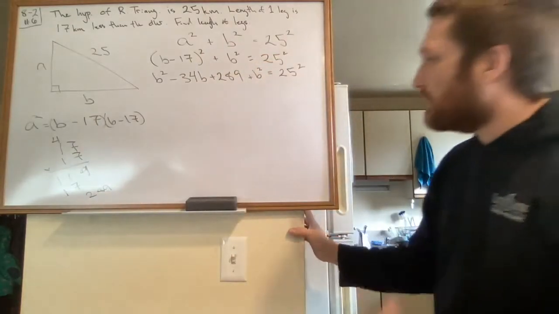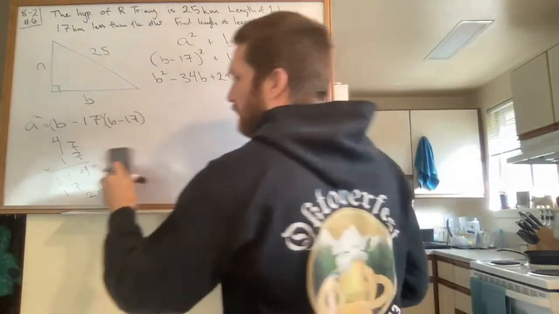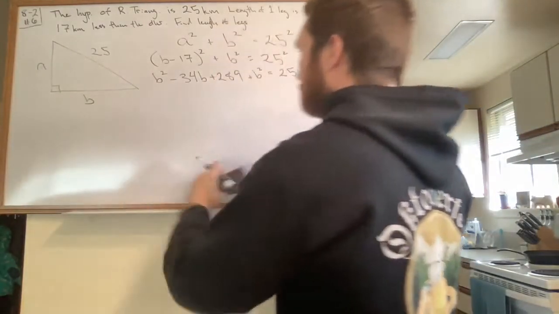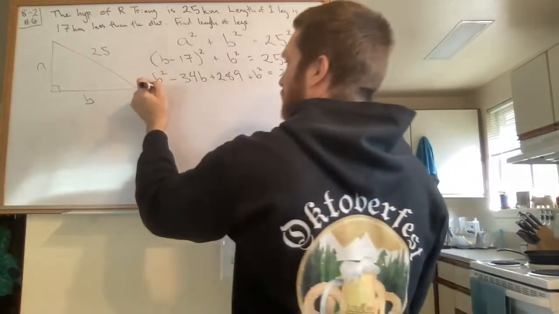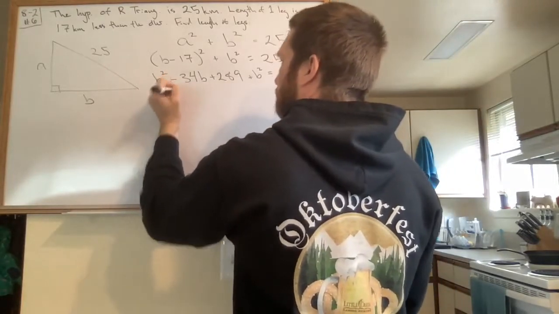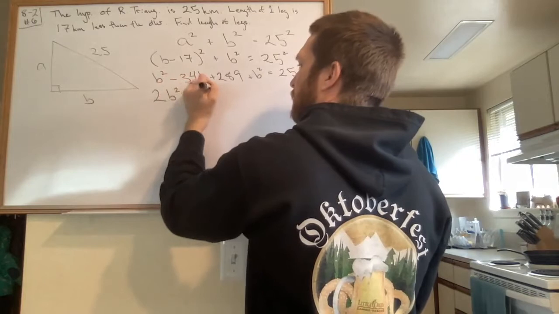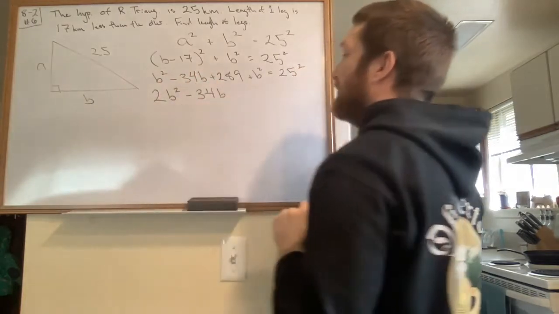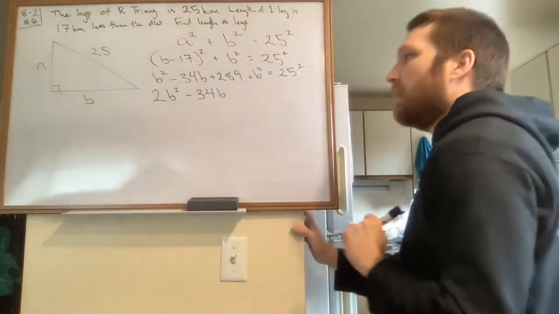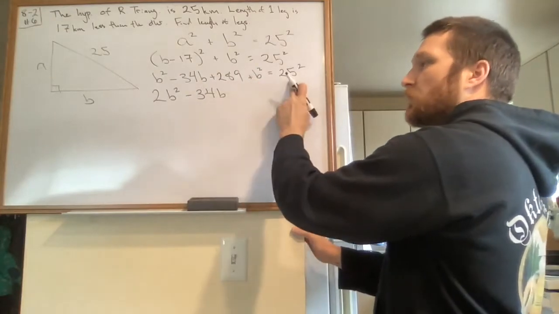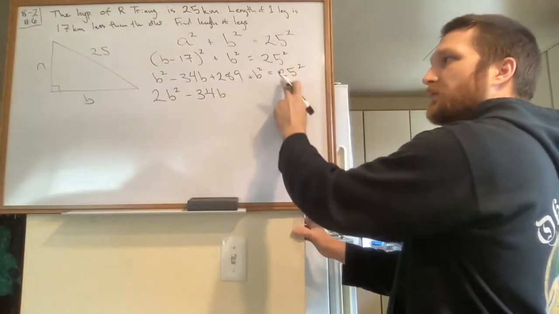Okay, let's collect like terms. We have 2b squareds. We only have minus 34b. Now, 289 and 25. It'll be nice to go ahead and square this guy out.